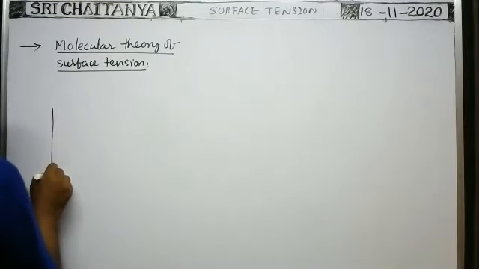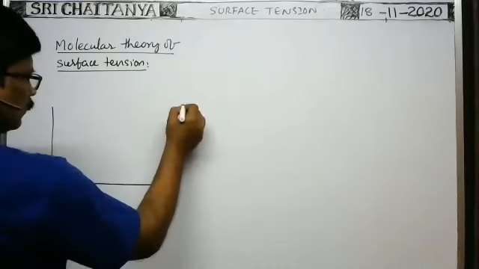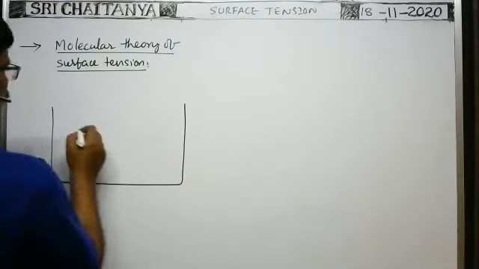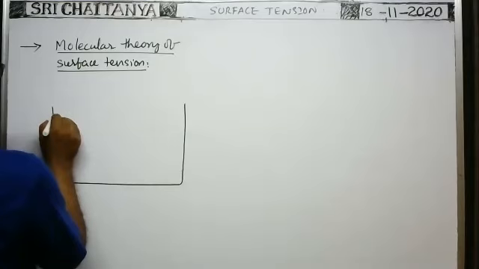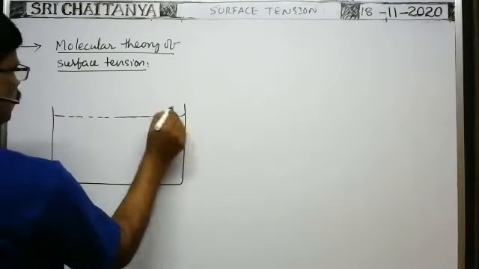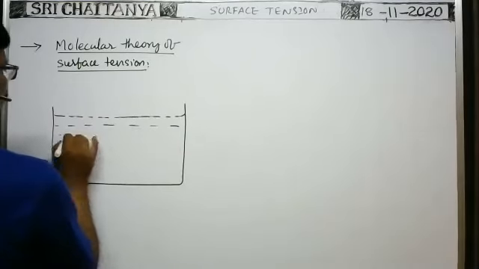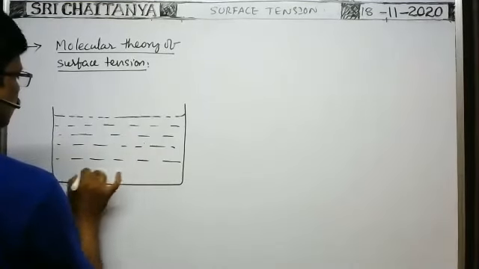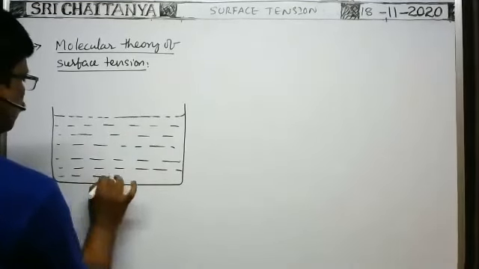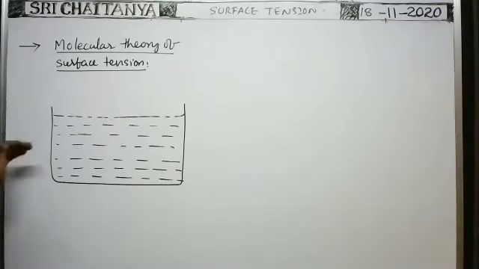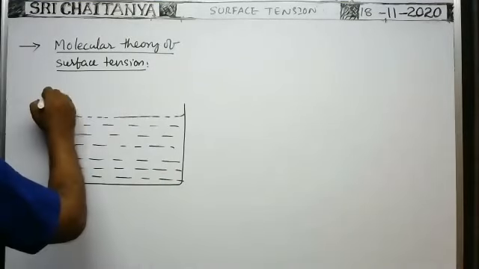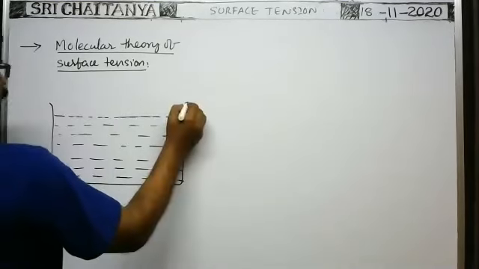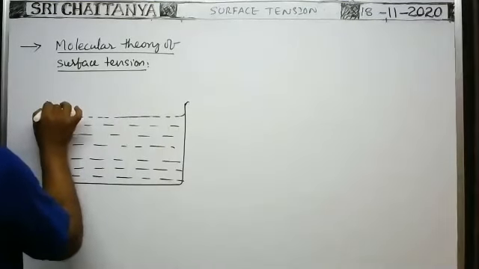Suppose in a beaker we have taken the liquid up to a certain level, like this. It is the surface of the liquid in a beaker.